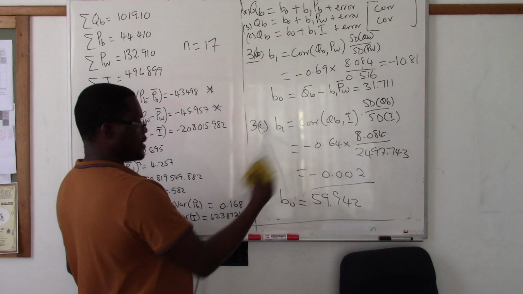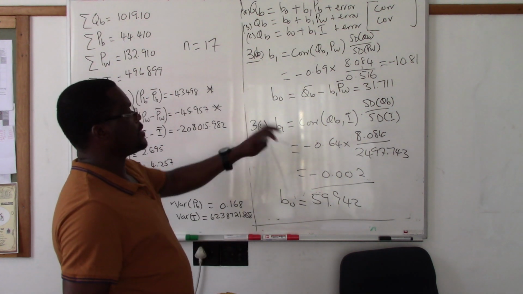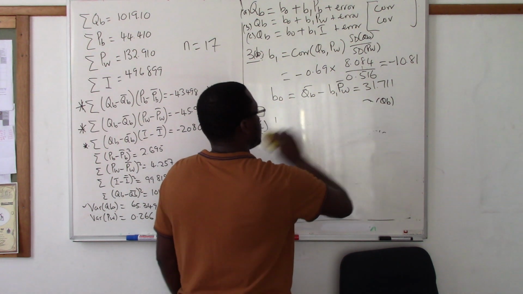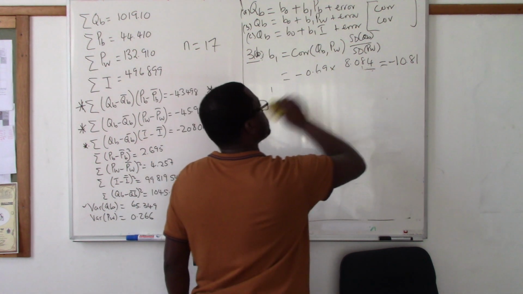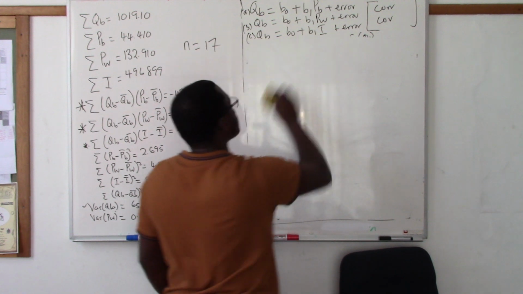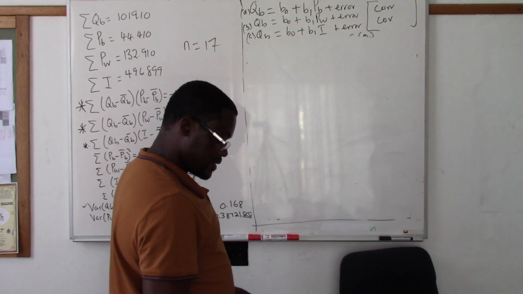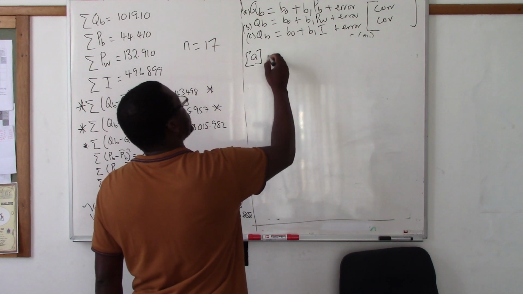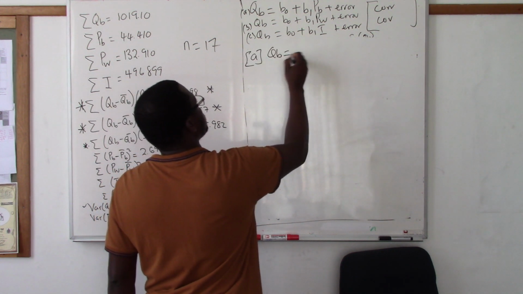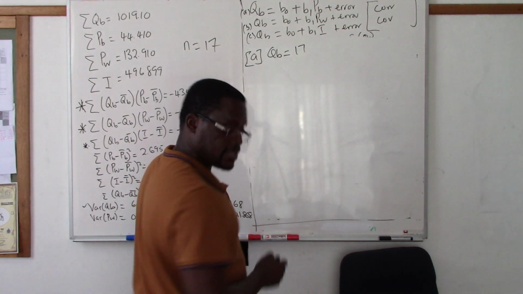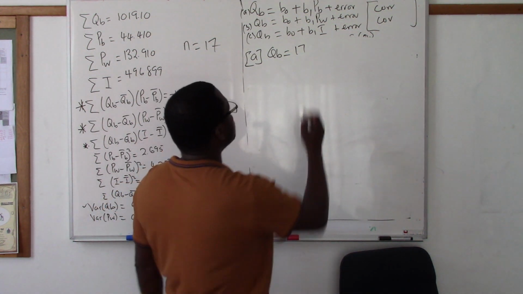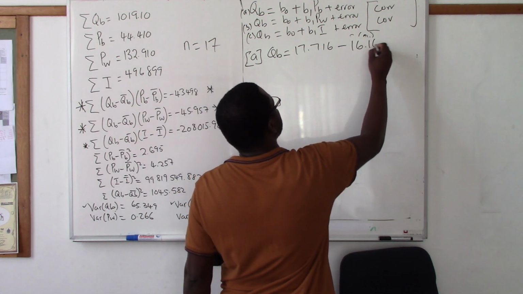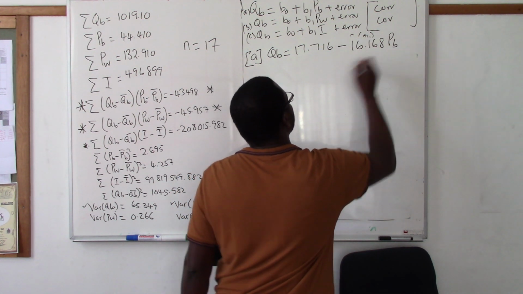Then, of course, the next thing is you are asked to interpret the slope coefficients. I will interpret one and then leave the rest for you to do on your own. Now, in question A, we got our QB as 17.716 minus 16.168 PB.